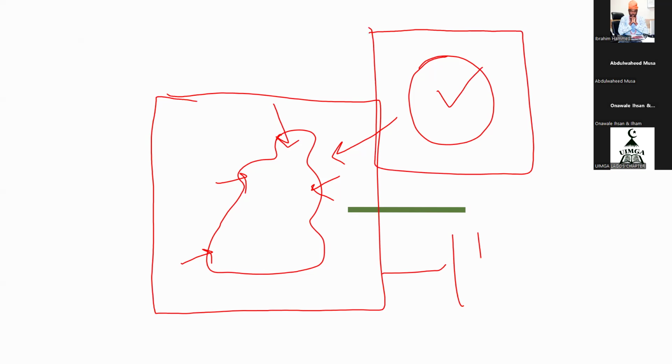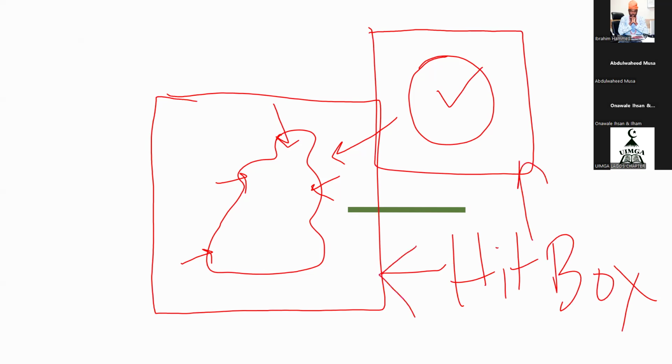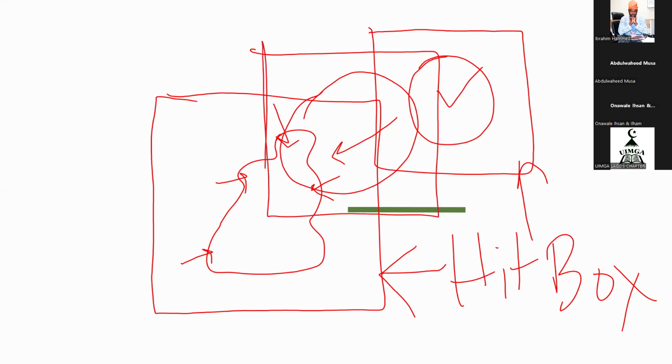So this is the box for orc, and this is the one for our fireball. So both of them can overlap even before the physical objects overlap. So don't see the overlap as the ball will be like this. By the time you detect that, there is already a massive overlap between the two hit boxes.